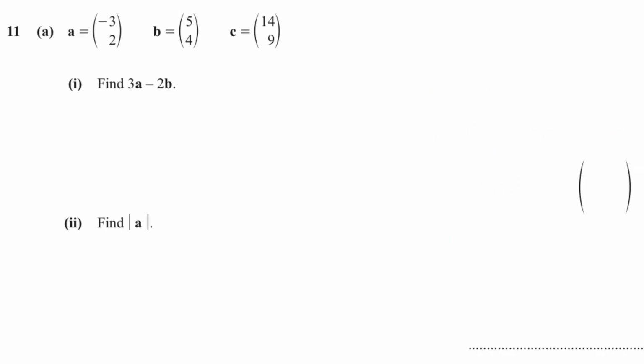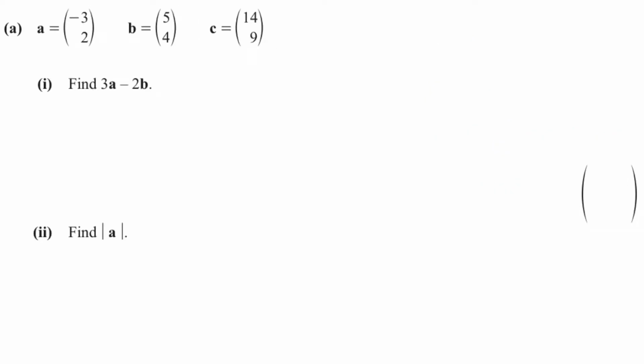Question number 11. We have been given 3 column vectors and A1 find 3A minus 2B. So 3 times A, which is negative 3, 2, minus 2 B, which is 5, 4. We multiply 3 by negative 3 and 3 by 2, negative 9 and 6.